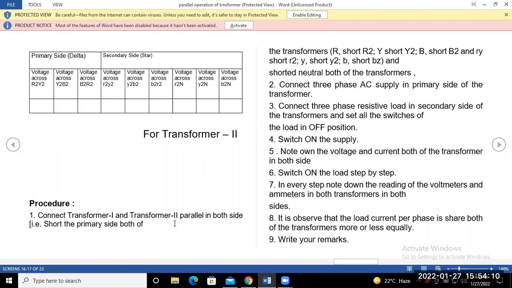That means for the no load, up to this point, that means up to fourth and up to fifth, and in sixth when you apply the load, in the secondary side just apply it step by step. So various types of load can be connected in the secondary side of the two transformers. Okay, and at every step note down the reading of the voltmeter and ammeter. So just make two tables, one for the no load and one for the load condition.